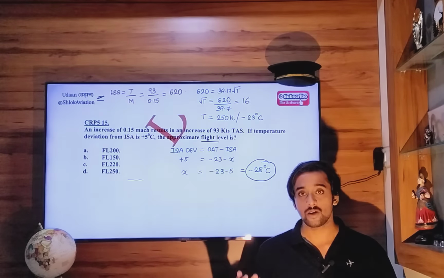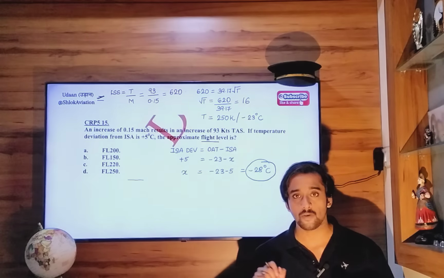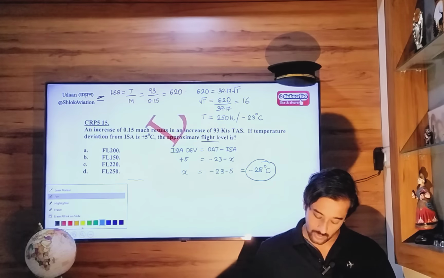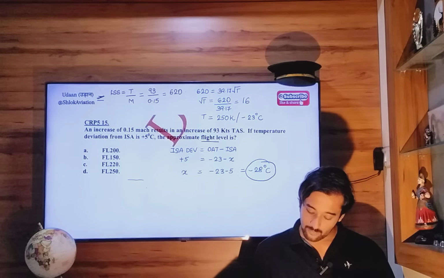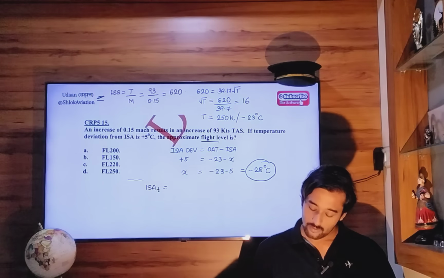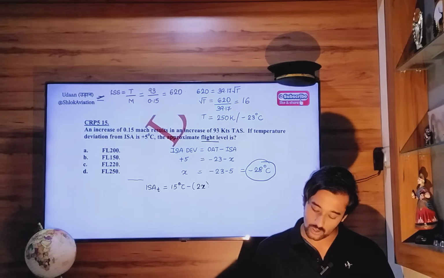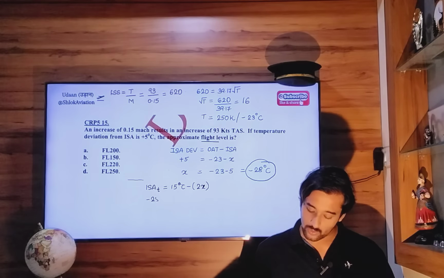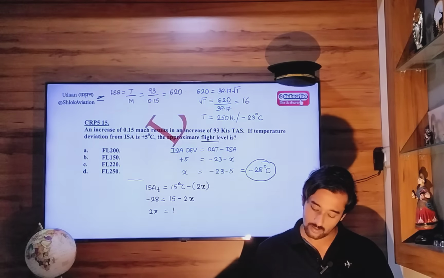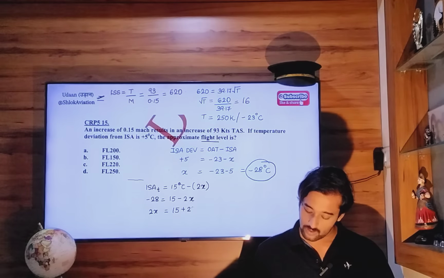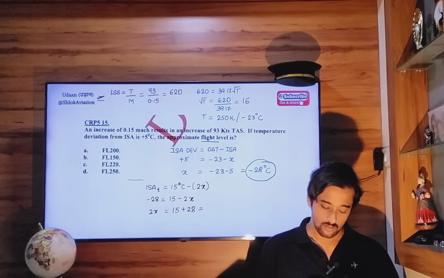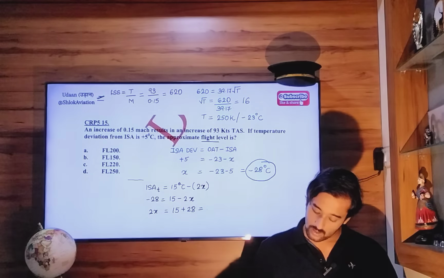Now at what flight level do we find this ISA temperature of minus 28? Use the formula ISA temperature equals 15 degrees Celsius minus 2 into pressure altitude. So minus 28 equals 15 minus 2x. 2x equals 15 plus 28, 43.